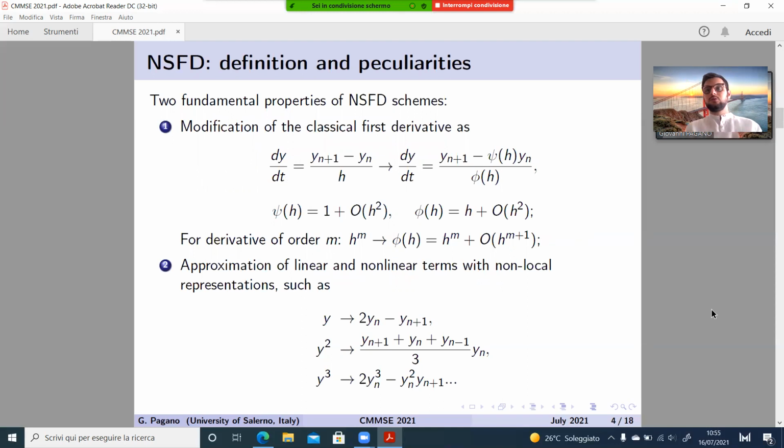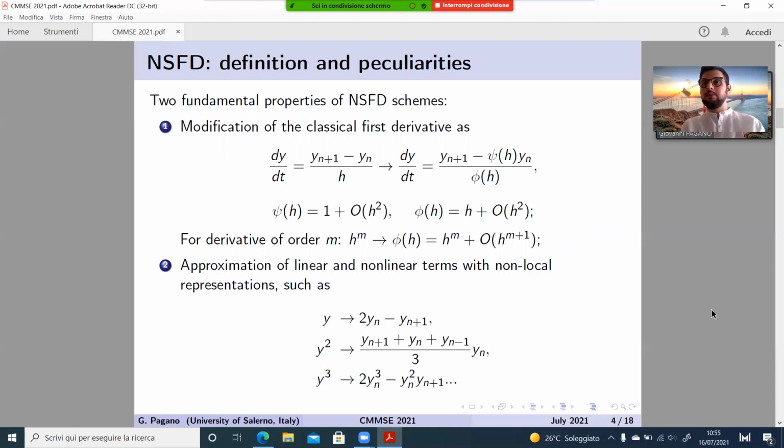And these are the two fundamental rules on which non-standard schemes are based. We can modify the classical first-order derivative, but also derivatives of order greater than 1, by making this type of substitution.